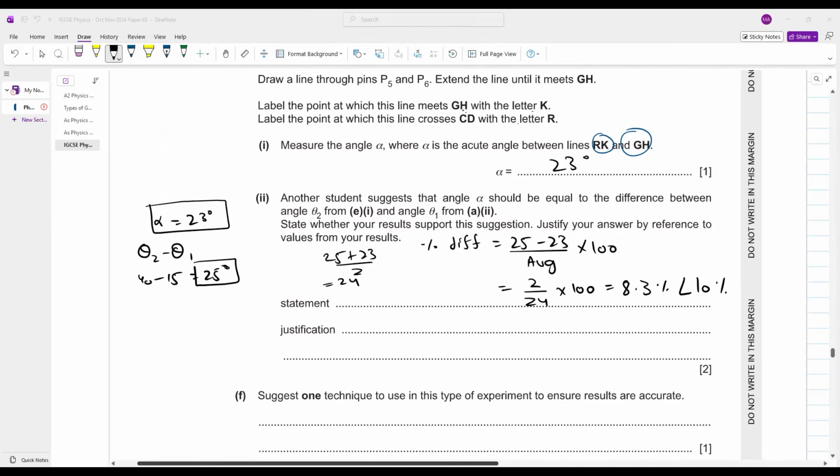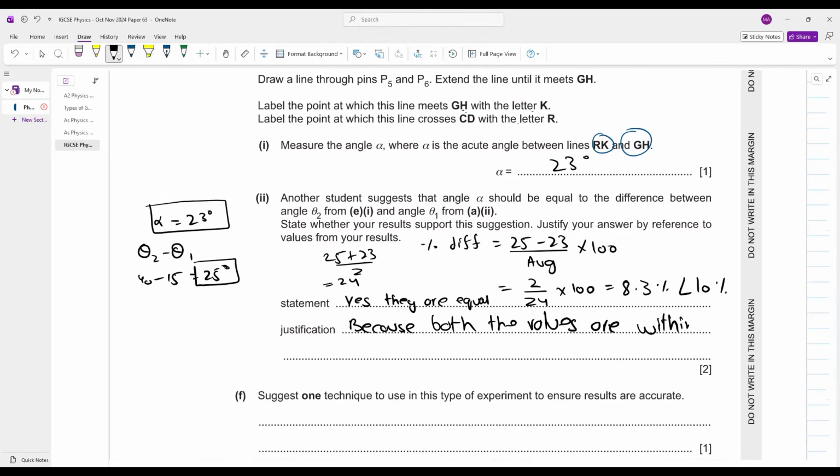So you can say, yes, they are equal. And why are they equal? Because both the values are within 10% of each other.